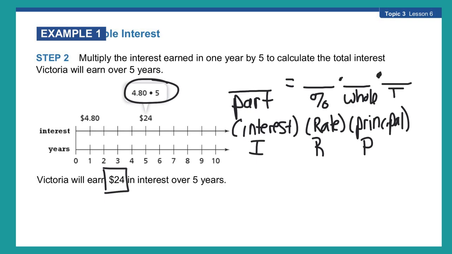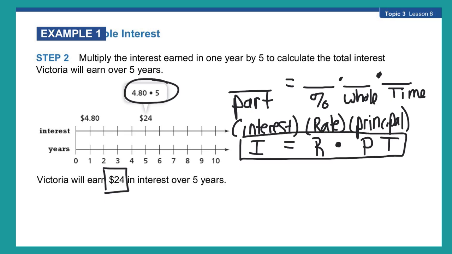So this is going to be time. So we took our equation, and since we're doing it for more than 1 year, we just multiplied by time at the very end. So I might be talking about this formula, where I take interest equals the rate times the principal times the time.